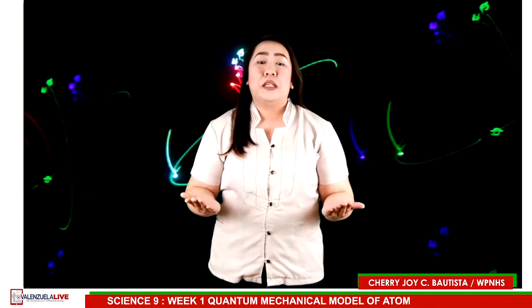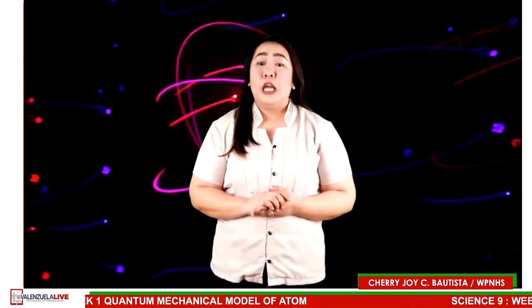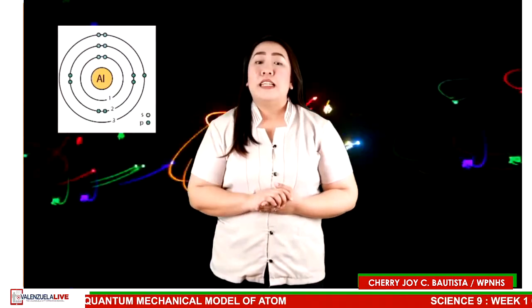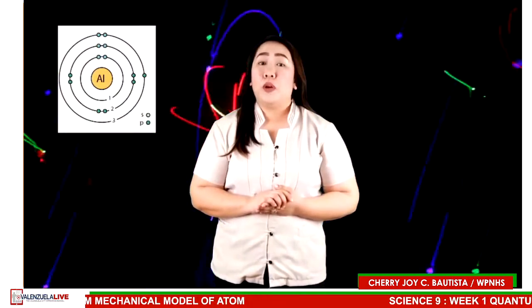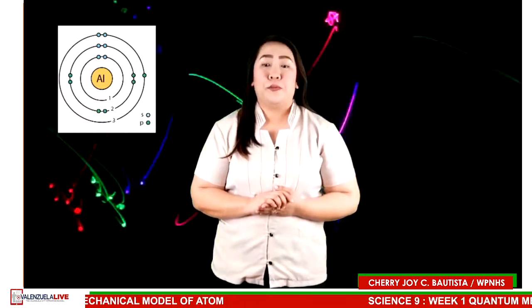Good job, students! The different atomic models that you've seen tells us the history of how atom was discovered and how it was studied throughout the years. Bohr's atomic model described the electrons to be moving in definite orbits around the nucleus.